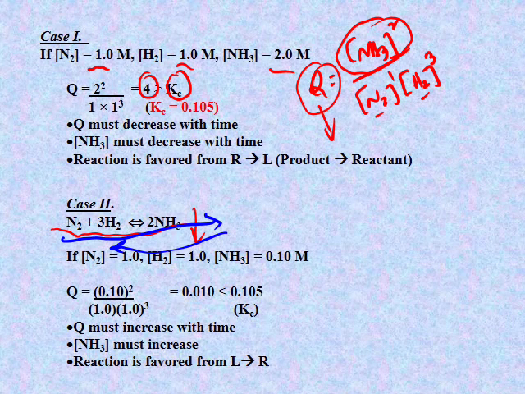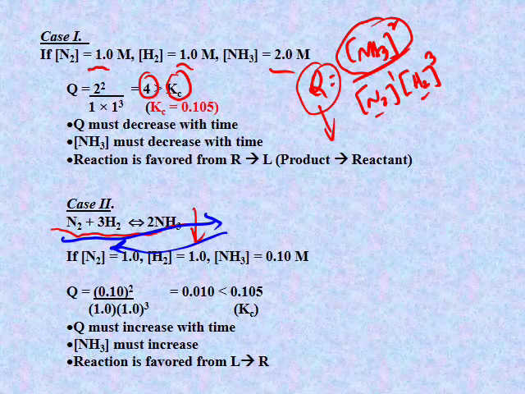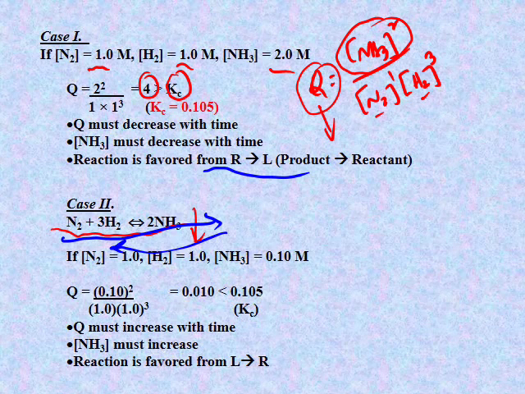And that's why ammonia concentration is going down. So the Q value going down means the reaction is favorably, or more prominently, happening from right to left. So that's why the reaction will be favored right to left. So the Q value tells us which direction of reaction will be favored. Let's try another example.